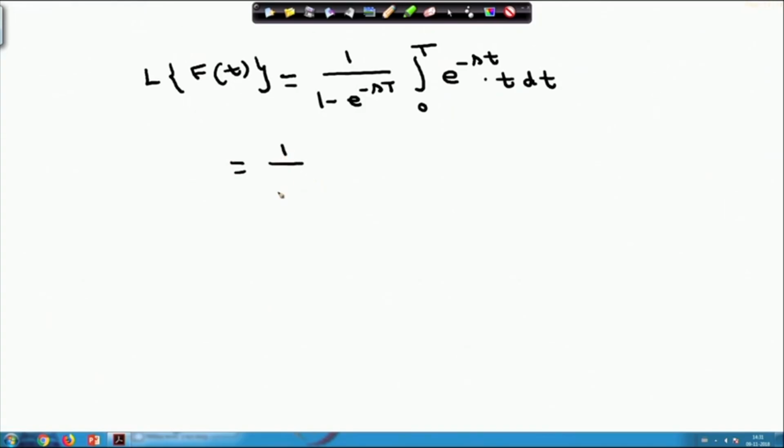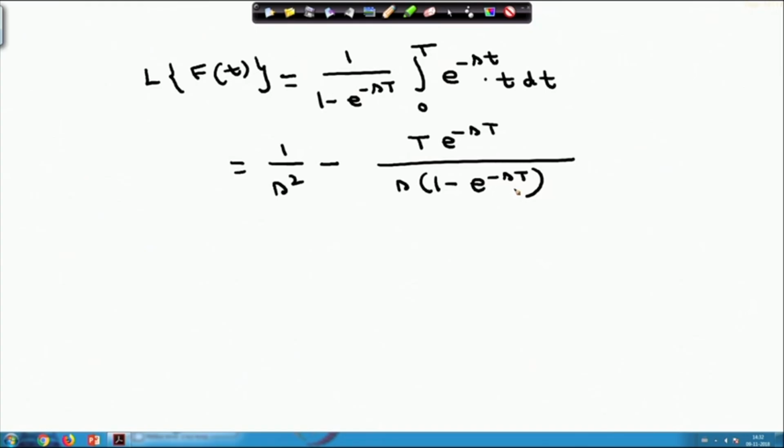The ultimate result I am writing: this equals 1 by s square minus T e power minus sT by s into 1 minus e power minus sT. Please recalculate this on your own, and check whether the value of the integral is proper or not.